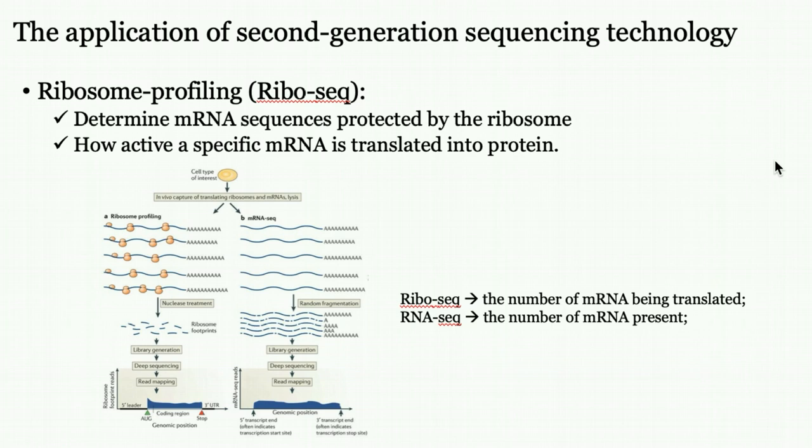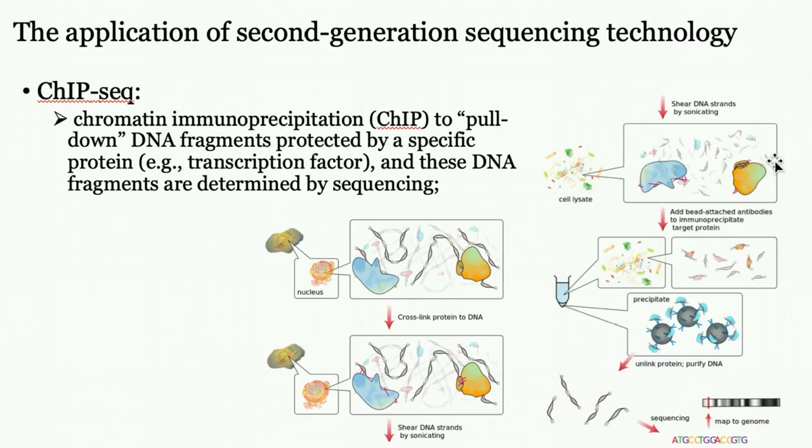We can also do ChIP-seq. ChIP-seq is similar to ribosome profiling. Ribosome profiling sequences the fragments protected by ribosomes. We can sequence any DNA fragments that are protected by any protein. ChIP-seq, chromatin immunoprecipitation, is an experimental approach that helps you pull down DNA fragments that are protected by a specific protein. For example, this is the DNA.